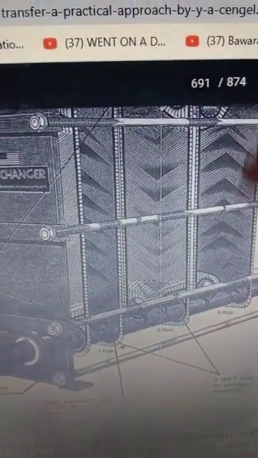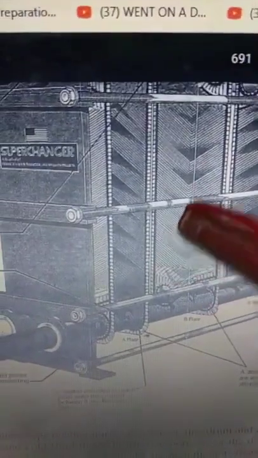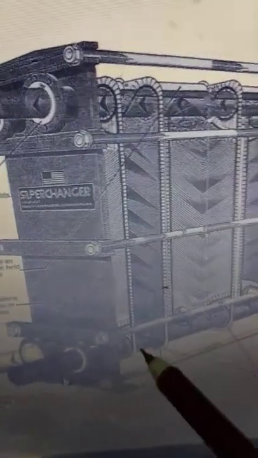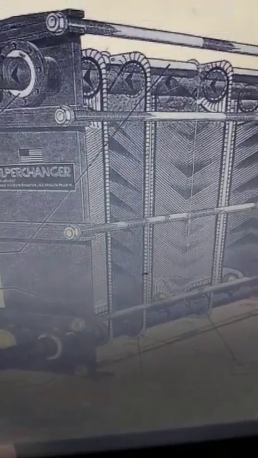Now these port holes and gaskets over here allow the fluids to flow in alternate channels, the hot and cold fluids, and these are the nozzles which allow for the entry and exit of the fluids. So this is the construction of a plate type of heat exchanger. You can see the diagram over here.